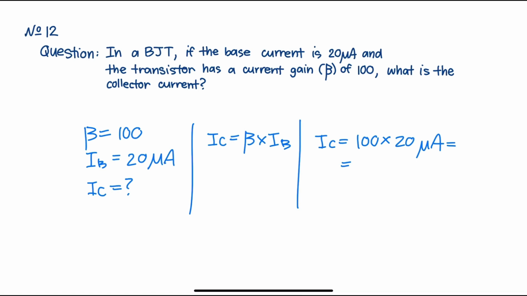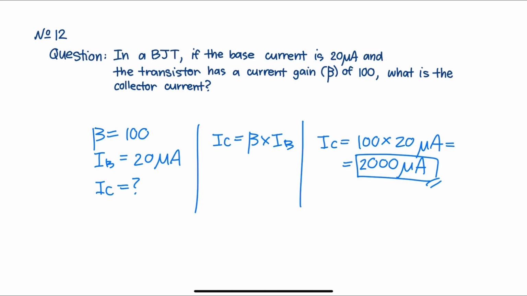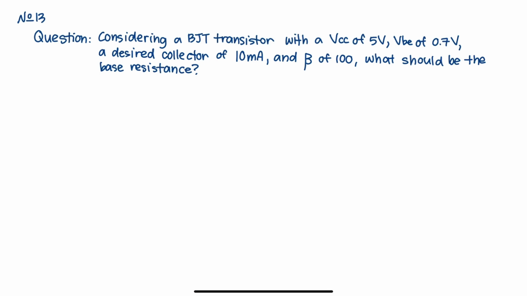In this case, it is not necessary to convert milliamperes into anything else, so we will not do it. We will get 2000 milliamperes. The reason why we don't need to change milliamperes into anything else is because beta doesn't have any unit.